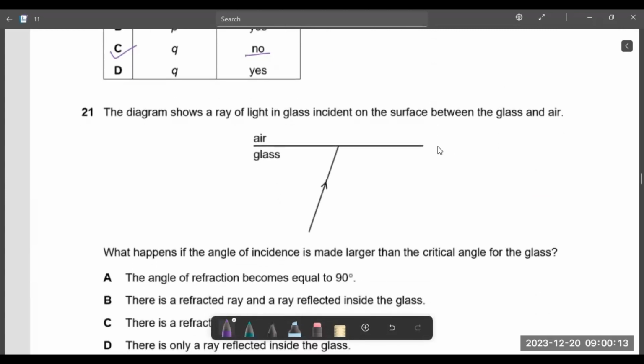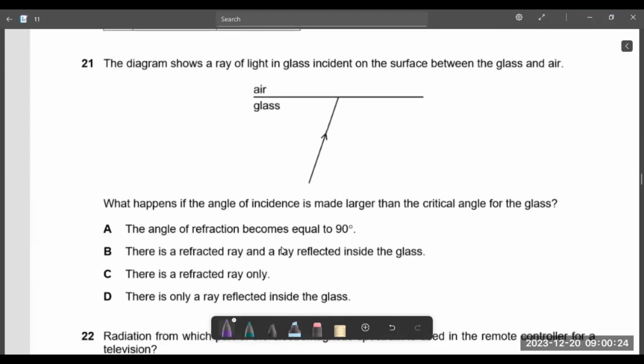The diagram shows a ray of light in a glass incident on the surface between the glass and air. What happens if the angle of incidence is made larger than the critical angle? Whenever the angle of incidence is greater than the critical angle, total internal reflection occurs.